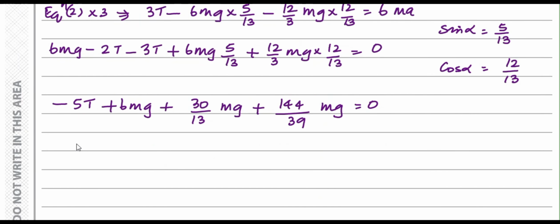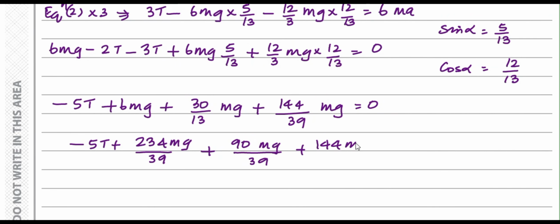Simplifying this, we get minus 5T add 234 mg over 39, to make all the denominators the same, plus 90 mg over 39 plus 144 mg over 39 equals 0.